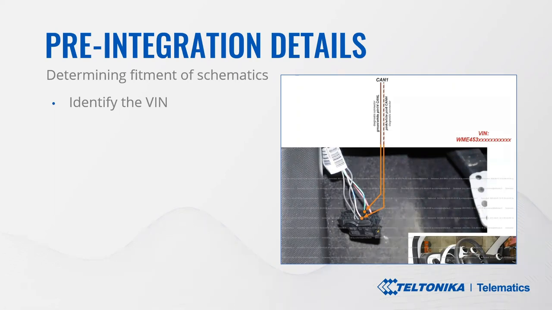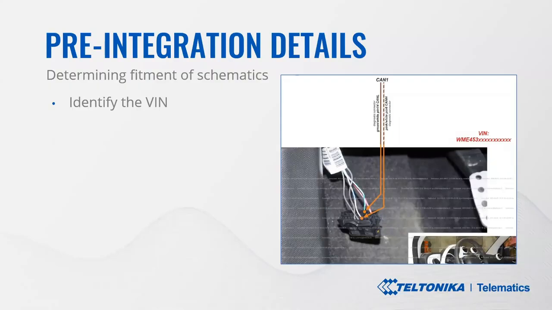As presented here, this schematic can be used for models starting with the specific VIN number. This means you can make sure it will fit and you will receive the parameters using this program number and the schematic.